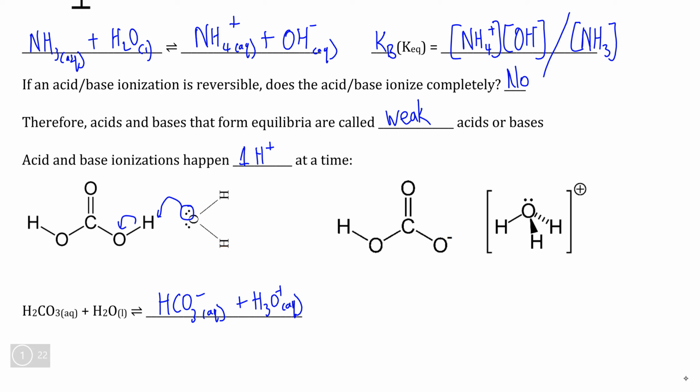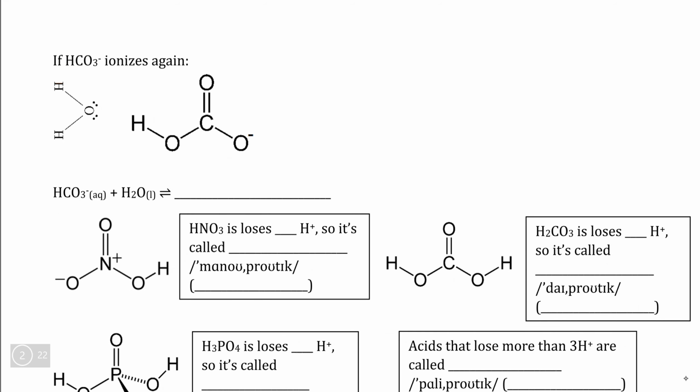Now, because hydrogen carbonate has a second hydrogen here, there is technically a second acid ionization reaction that can happen like this, where water again uses its lone pair to form a bond with this hydrogen and break this bond between hydrogen and oxygen, turning it into a lone pair.